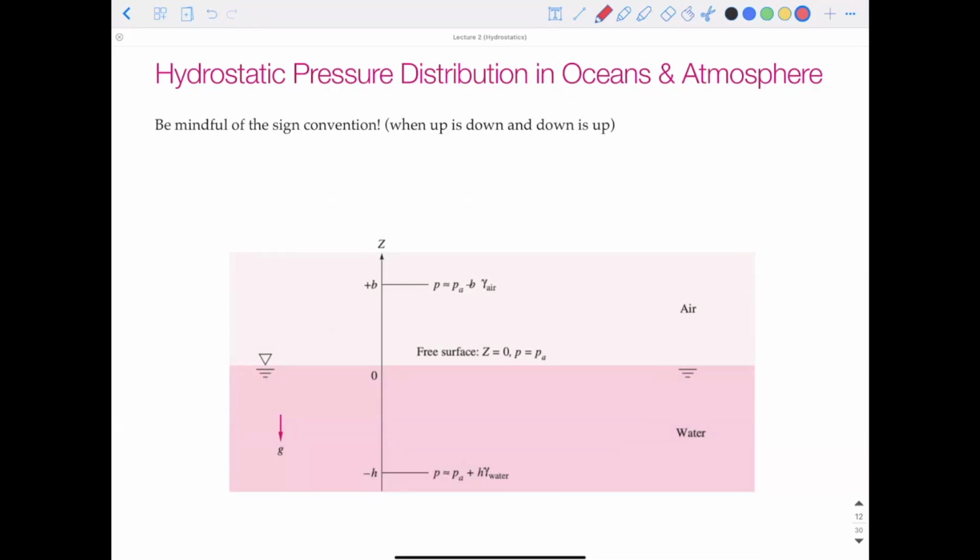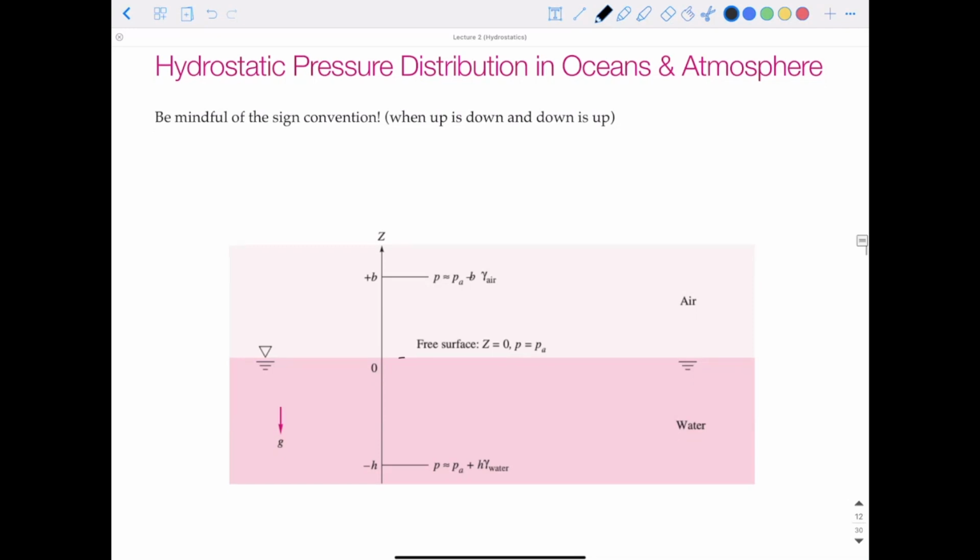So, hydrostatic pressure distribution in oceans and atmosphere. Another thing we need to keep track of when we're doing these pressure variations is being mindful of the convention for direction. Fluids can be liquids or gases, and the convention is that we choose the free surface, where the coordinate z is equal to 0 at the top of that free surface. So at this free surface, this line right here, z is equal to 0.